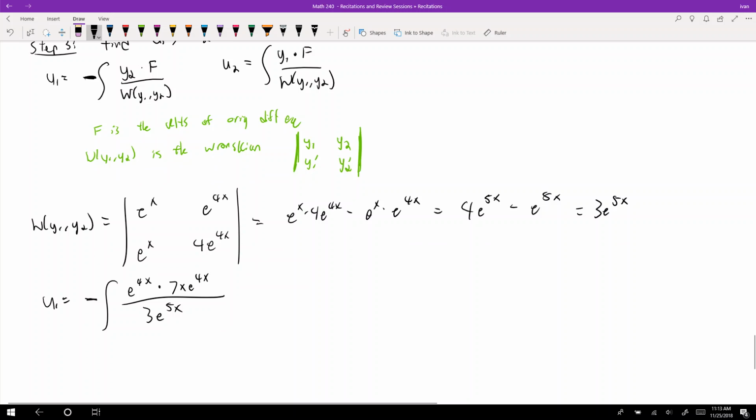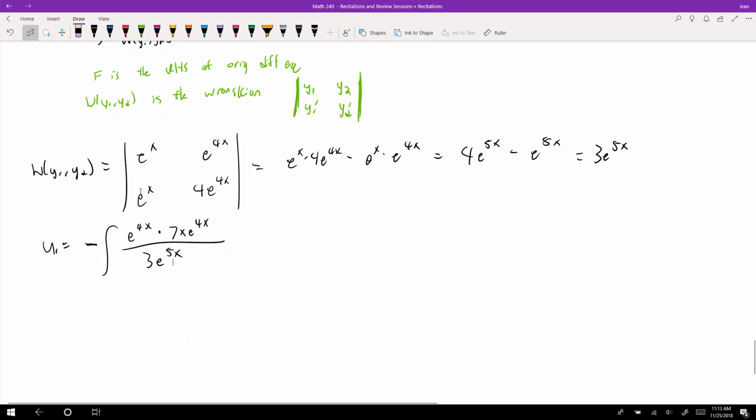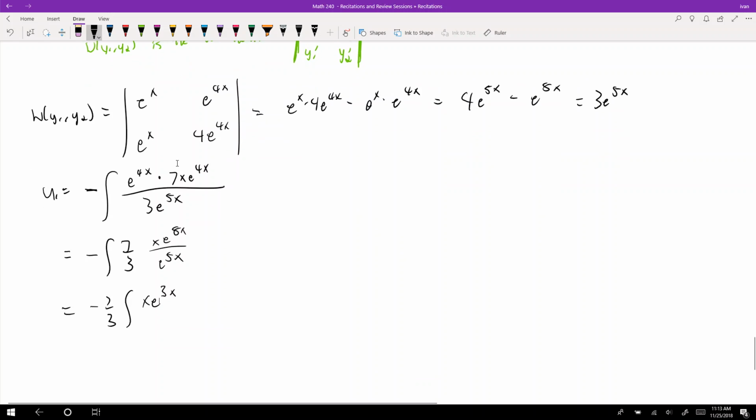So this is negative integral, this is 7/3, and then here you get x e to the 8x over e to the 5x, which is negative 7/3, take that out front. This is really x e to the 3x. So you get this integral, x e to the 3x.